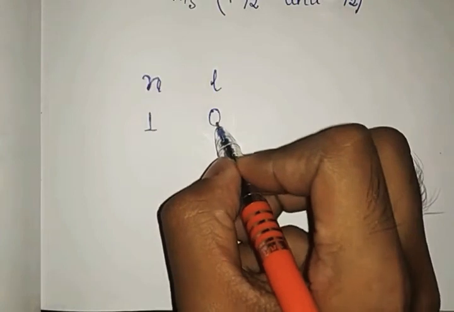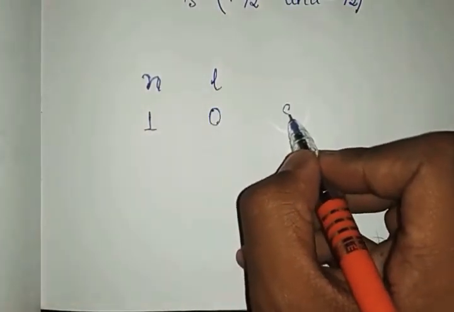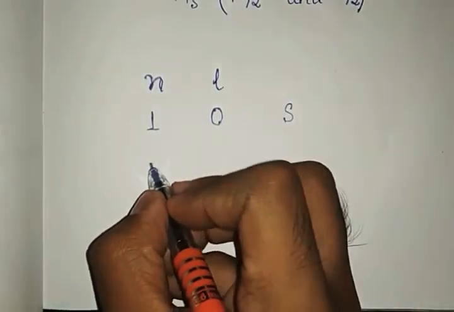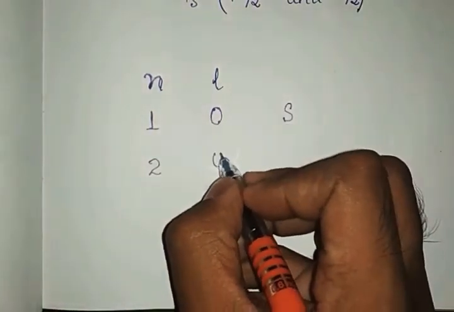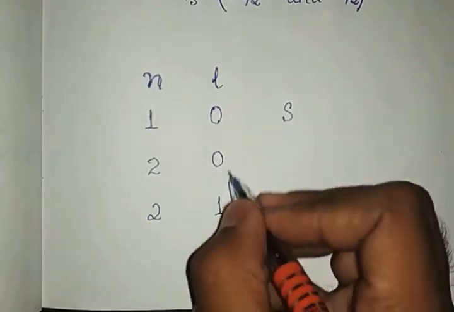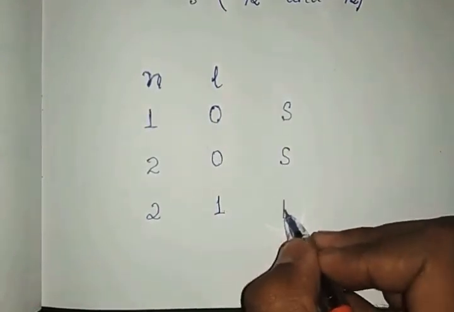And when the value of L is 0, it is denoted by S. When the value of n is 2, L can have two values, that is one is 0 and the other one is 1. So when it is 0, it is shown by S. When it is 1, it is shown by P.